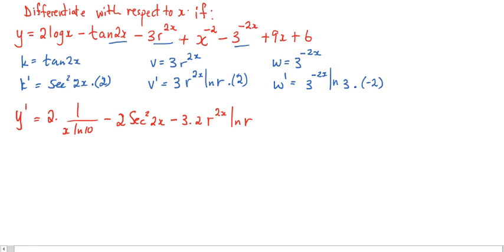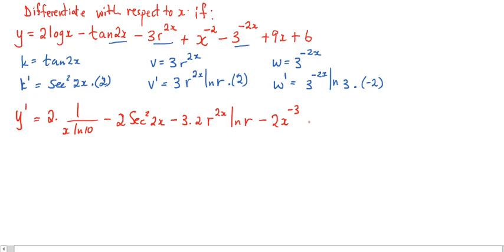Then we need to derive term number 4. Term number 4 is x to the power of minus 2. The derivative of that is minus 2x to the power of minus 3. Then derive the fifth term, which is also a function of a function.